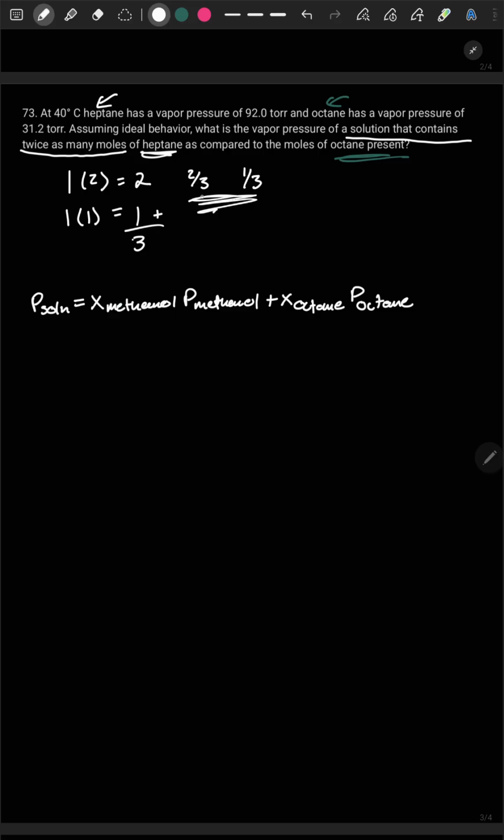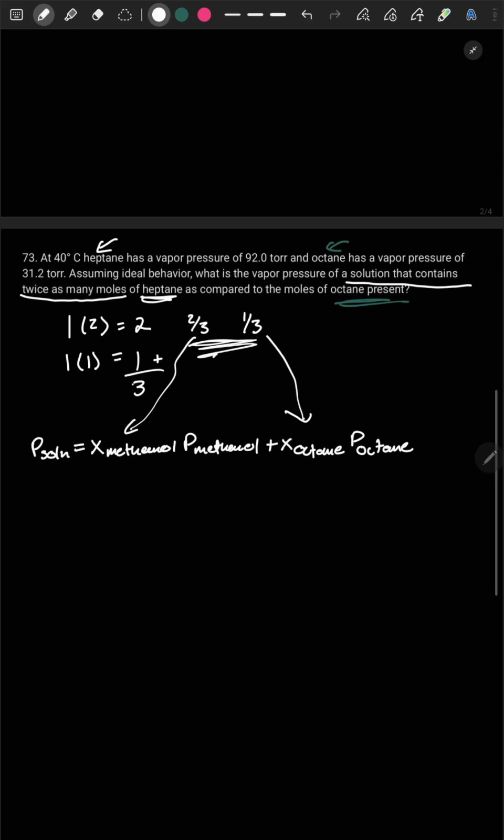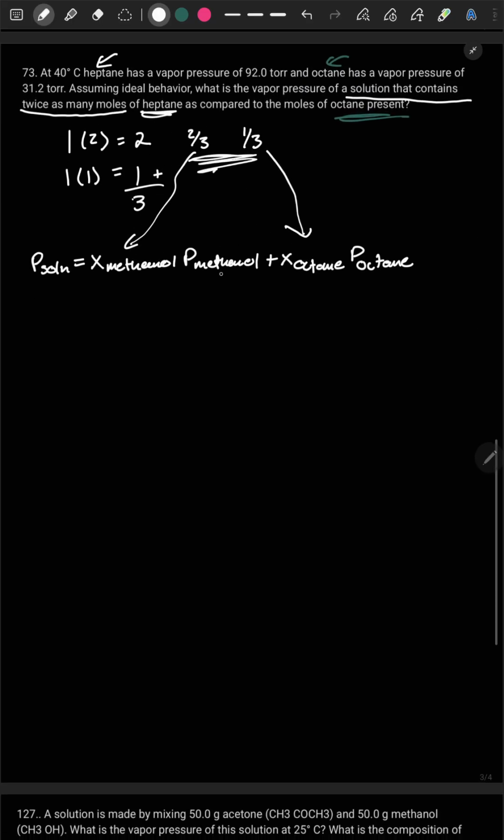We already know the pressures from up here, and that's the 31.2 and 92 torr respectively. So let's go ahead and plug those in.